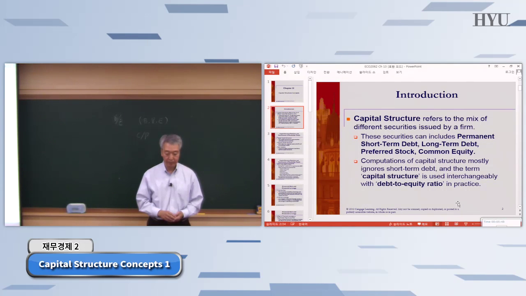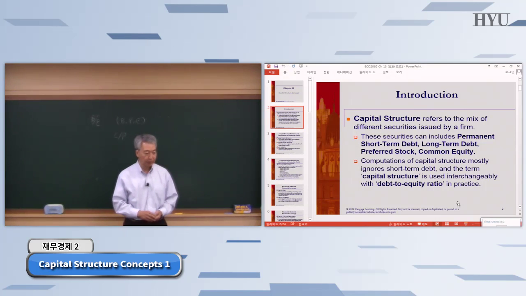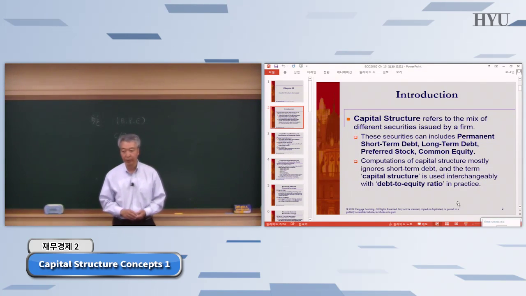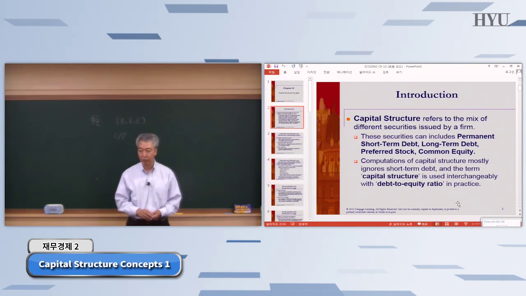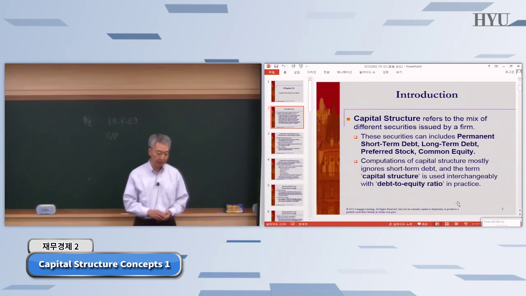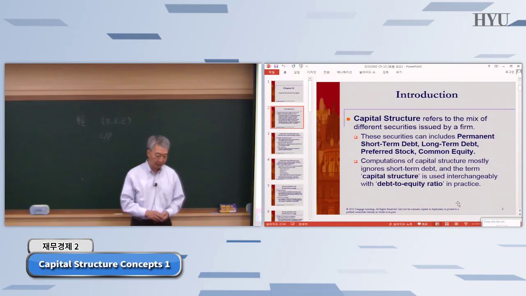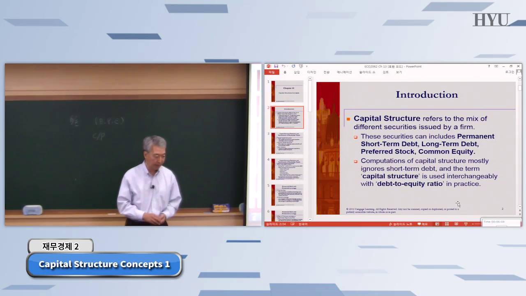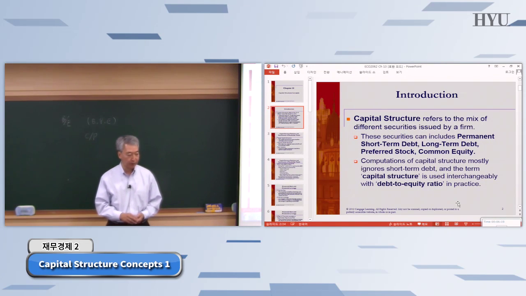So instead of including those seasonal components, because it changes so frequently, we don't want to include that as a capital structure, right? When we calculate the capital structure of a company, ideally, we should include only the permanent component of the short-term debt, which does not depend on season.